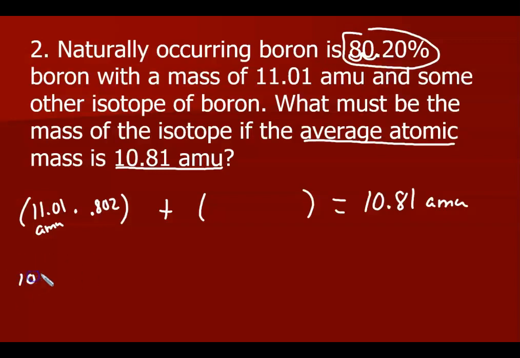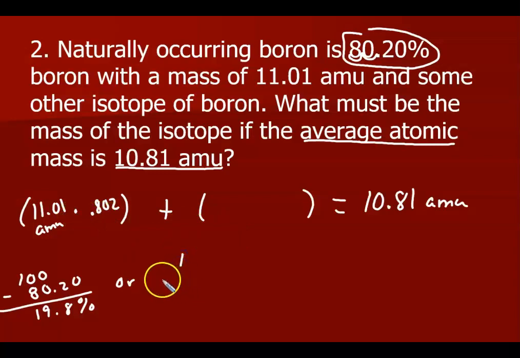So I could go 100 minus 80.2, and I'm going to find that the other one is 19.8%. Okay, because percentages add up to 100, right? And there's only 2 of them. Or if you want, decimals add up to 1. So I could say 1 minus 0.802.